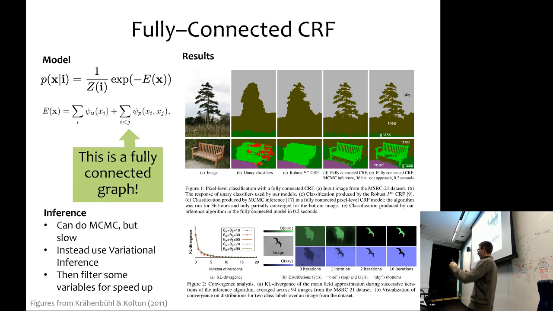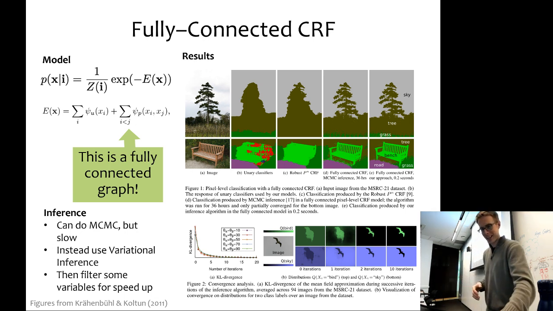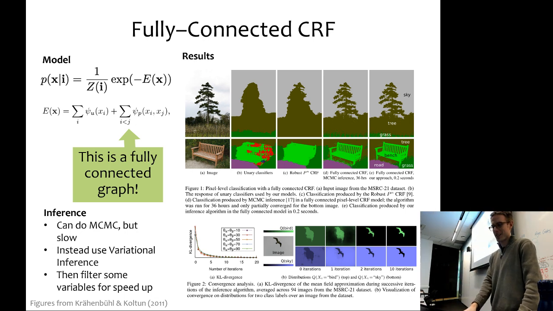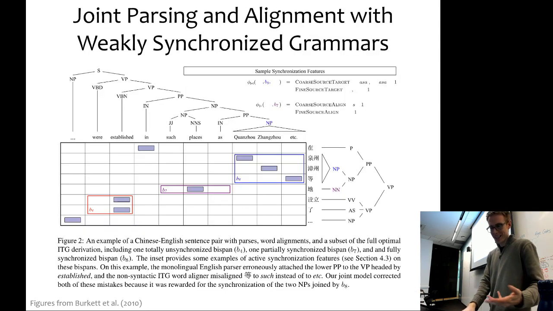Pick any pair of pixels in the image, add a factor between them. So we'll pick up next time thinking about how we can actually work with this fully connected CRF in a variational inference framework. And we'll look at a couple other examples of the power of this method. And then finally, we'll get to dealing with partially observed models.